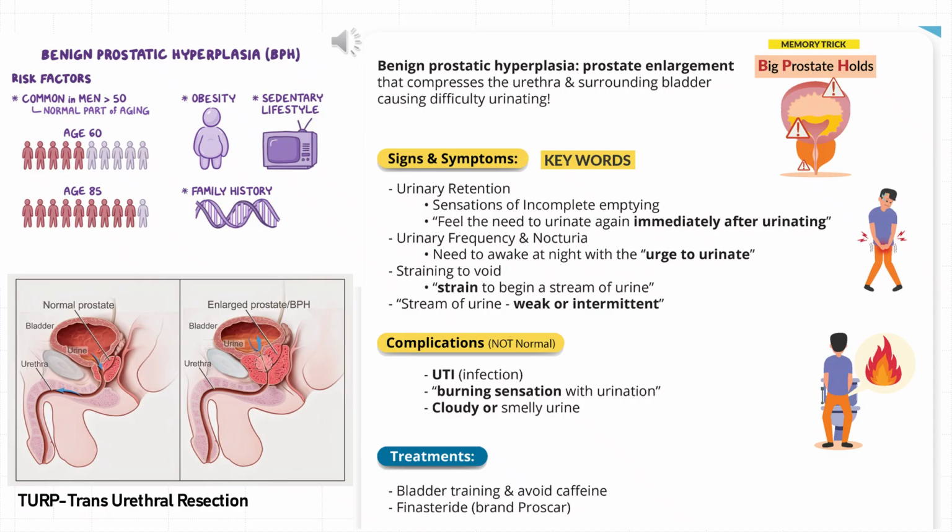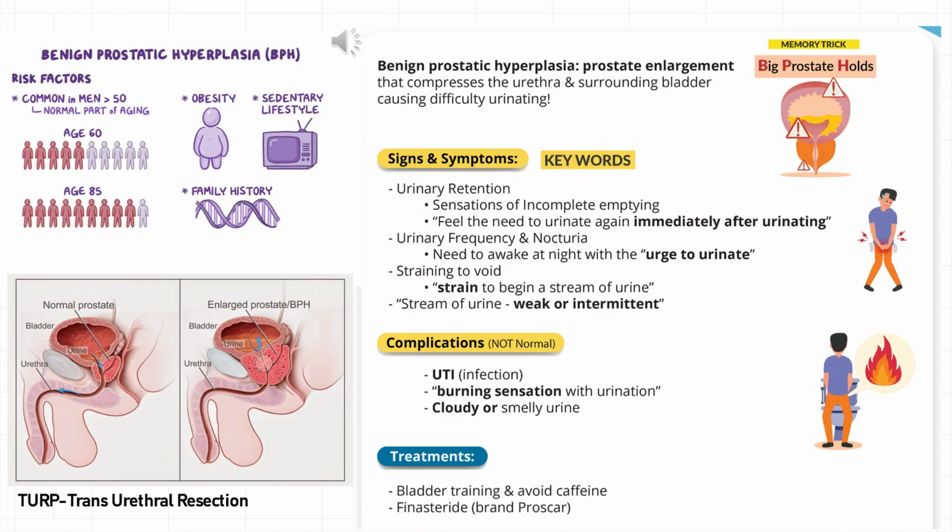It is most commonly in men age 50 years of age and older. As a patient ages, this does increase their risk of developing BPH. Hormonal influences like testosterone levels can also play a factor into this enlargement of the prostate gland.